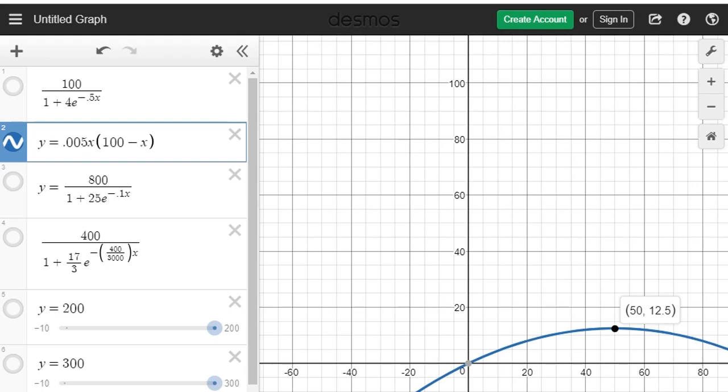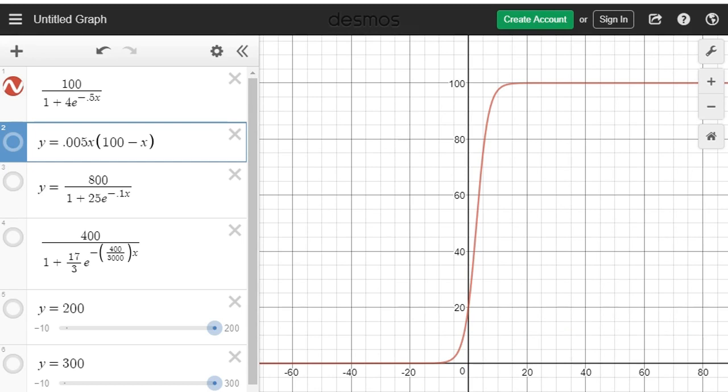Now 50 is actually representing the y value here. I know I said this already, but x is really representing y. 50 is our maximum speed, basically, of this growth rate. So the growth rate is maximized at 50, which appears to be where this concavity changes.